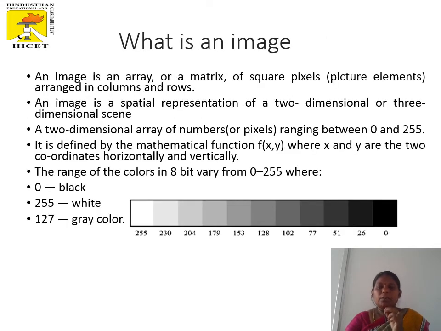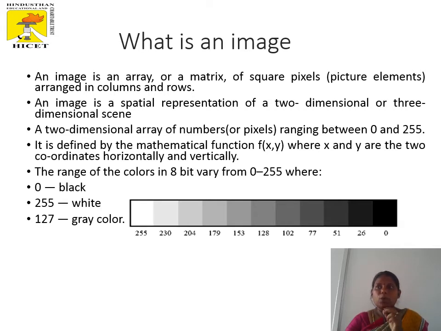Then, what is an image? It is an array or a matrix of square pixels arranged in columns and rows, and it is also a two-dimensional or three-dimensional scene, and the values can be arranged in the range between 0 and 255.